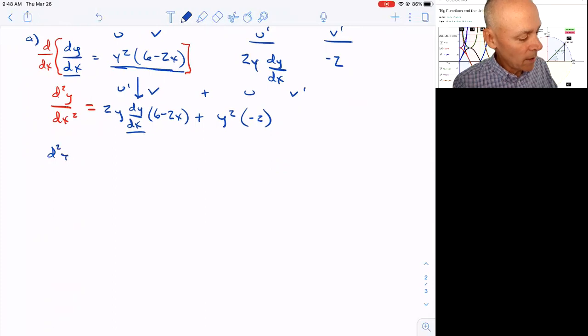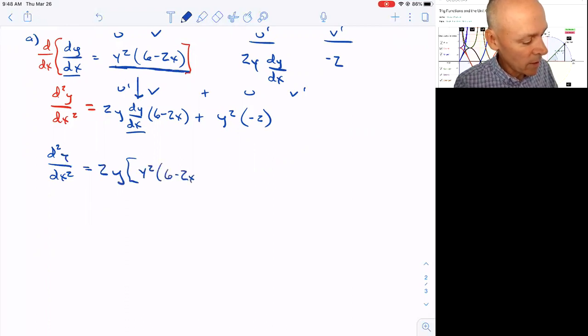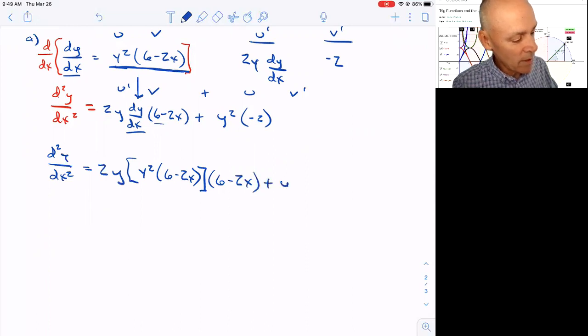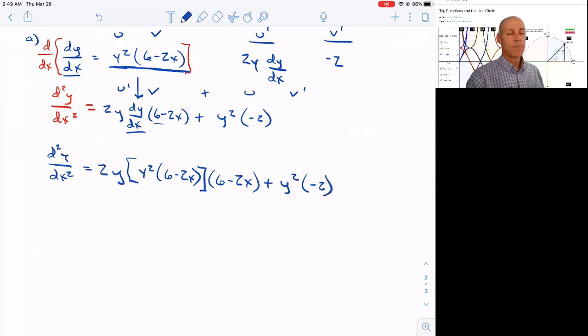So d2y over dx2 is equal to 2y times, now I'm substituting in dy/dx, y squared times the quantity 6 minus 2x, times 6 minus 2x, plus y squared times -2.